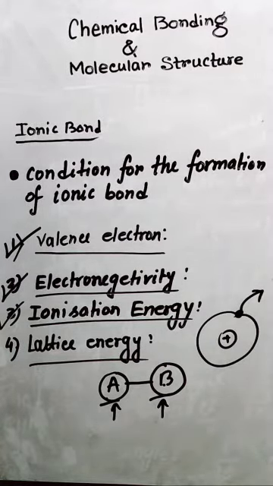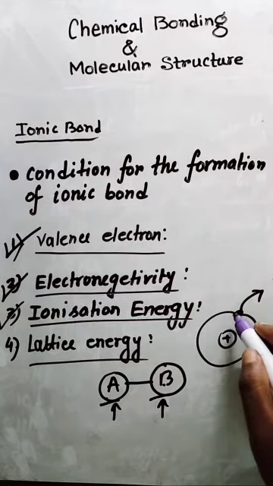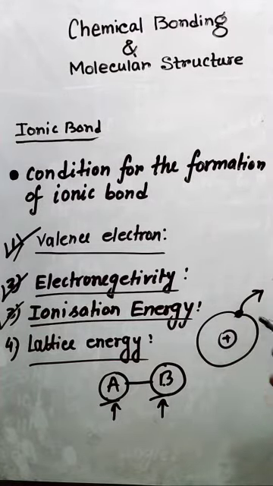So they can easily remove electrons. If the ionization energy of a metal is high, that means it requires more energy to remove an electron, so it cannot easily form a cation. So if a metal has lower ionization energy, then it can easily produce a stable ionic compound.